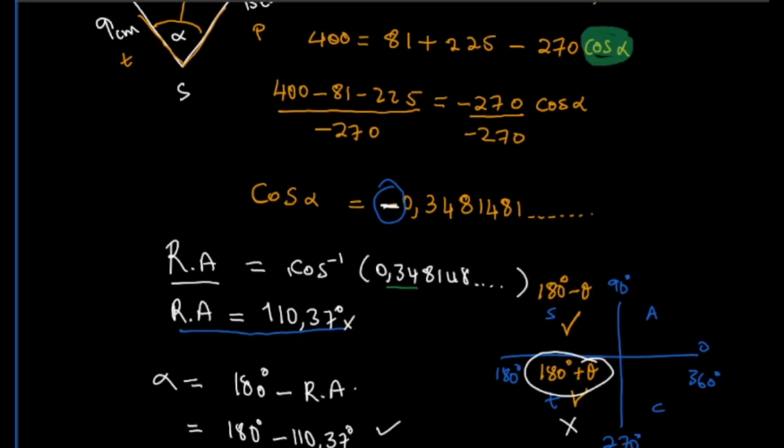It should be the cos inverse of 0.3481. Start from here: 400 minus 81 minus 225, then divide that by 270. Don't include that negative. Okay, that gives me 318.